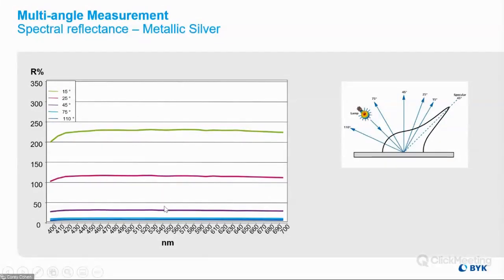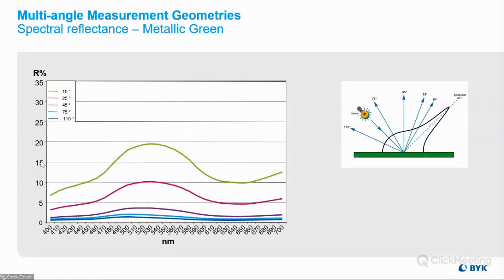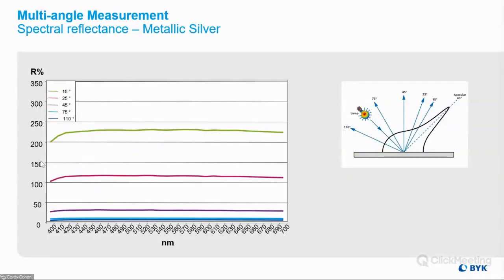Look at the y-axis here, the percent reflectance of this metallic green versus this metallic silver. Silver is going through some pretty extreme light dark flop, so it's necessary again to measure this color at multiple angles to make sure that it matches the standard or the target, not just at one angle, but at all observation angles.